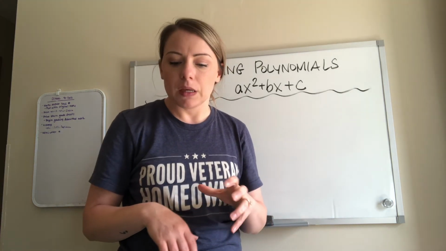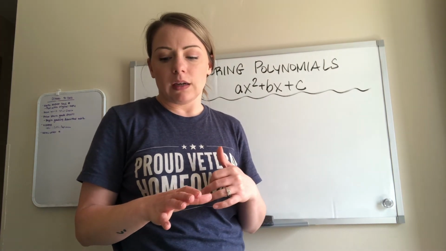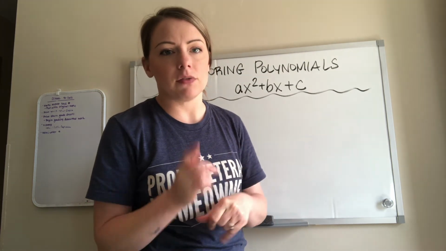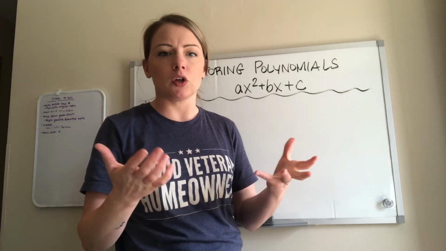All right, so with your day 15 assignment, you are going to be completing some problems out of your textbook. It's page 395, 17 through 24. So the first set, you should be pretty good to go.